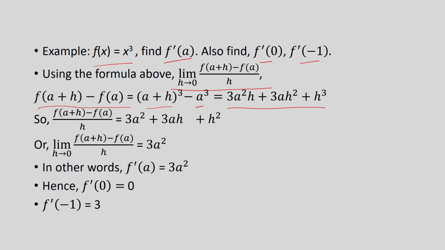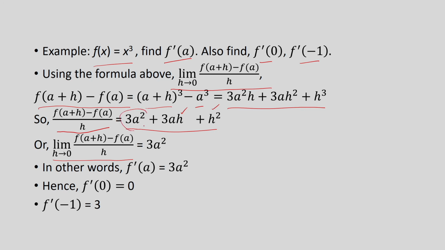Now, the Newton quotient is this thing divided by h, and so if I divide this by h, I am left with this expression 3 a square plus 3 a h plus h square, and then I take limit h goes to 0, because this is the derivative, and if I do so, then this part will vanish, this part will vanish.